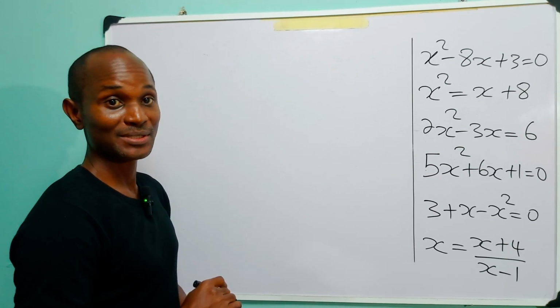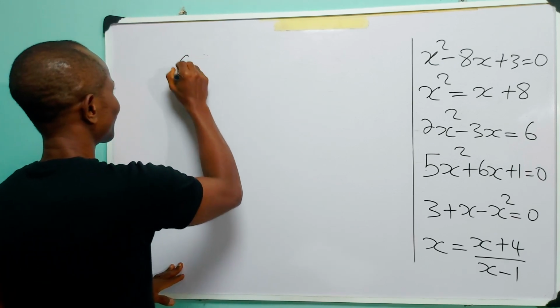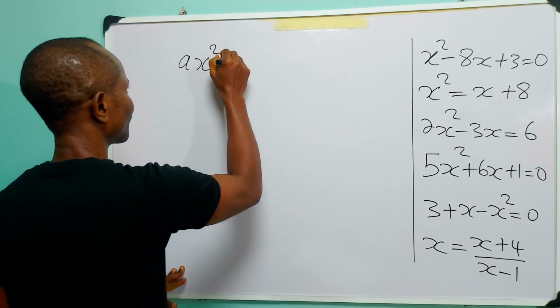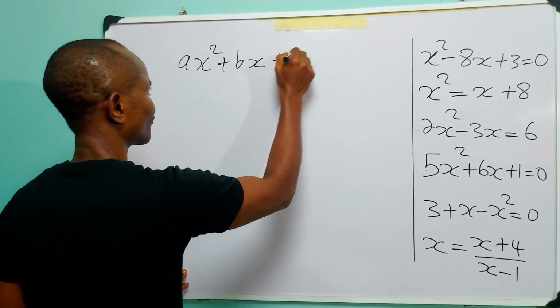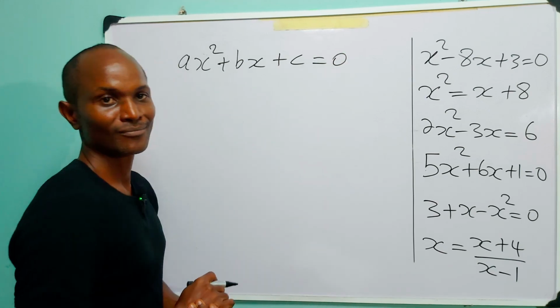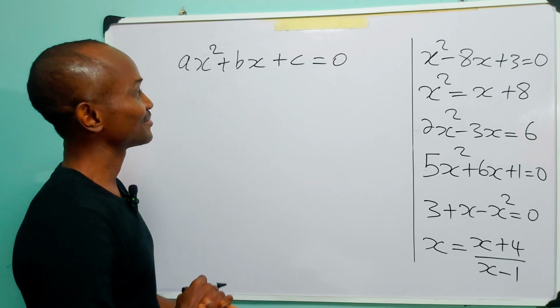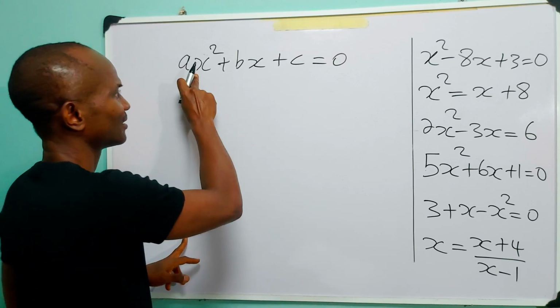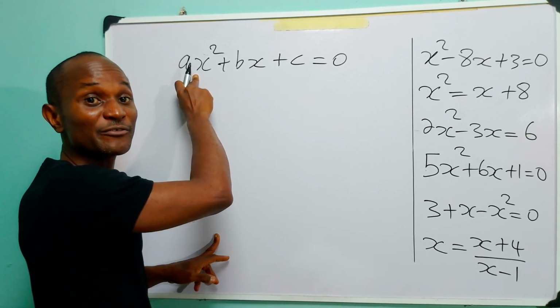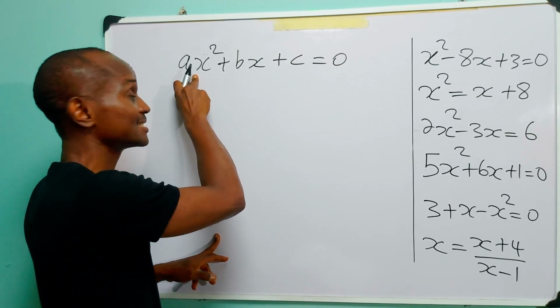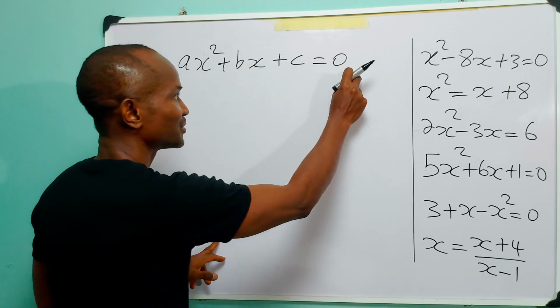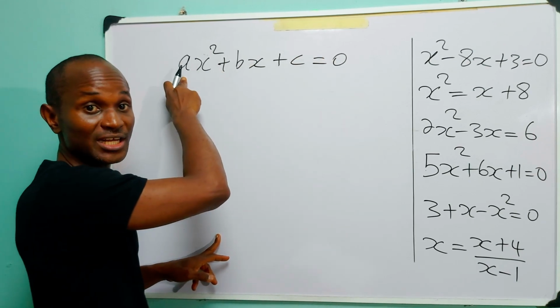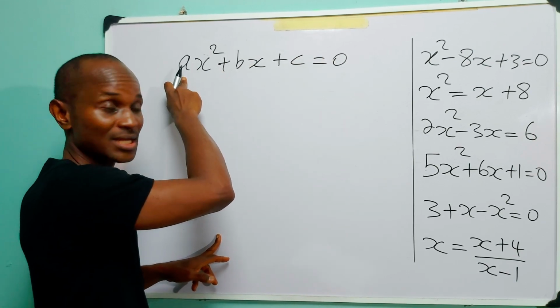Now, the next example is the general quadratic equation, and we are going to be solving this by the completing the square method. So, of course, the first step is to make sure that the coefficient of x squared is 1. So we divide through the equation by the coefficient of x squared, in this case, which is a.